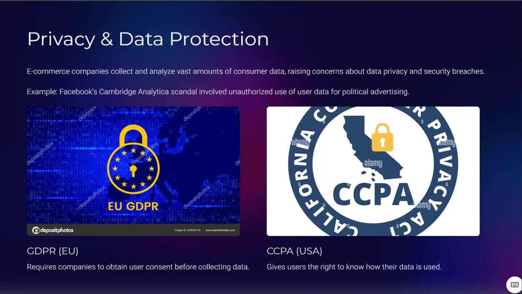So we look at privacy and data protection first. E-commerce companies collect and analyze a vast amount of consumer data, raising concerns about data privacy and security breaches. For example, Facebook's Cambridge Analytica scandal involved unauthorized use of user data for political advertising.